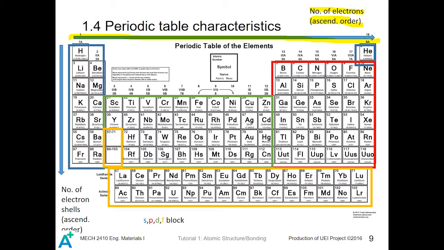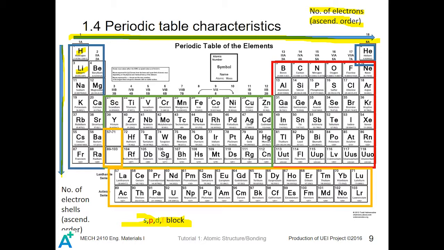Going down a group, from the uppermost to the lowest, the electron shells are in ascending order, which means the atoms become bigger and bigger. For example, hydrogen has only one electron shell, lithium has two, and so on.